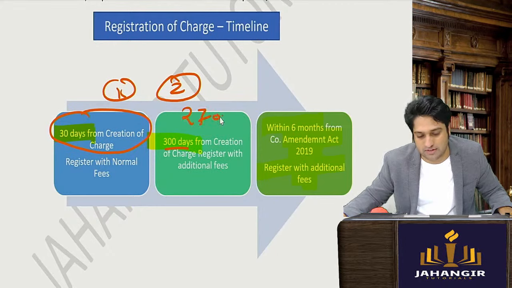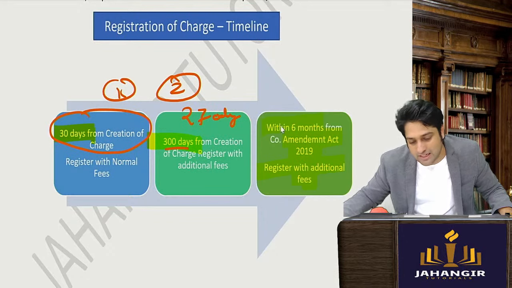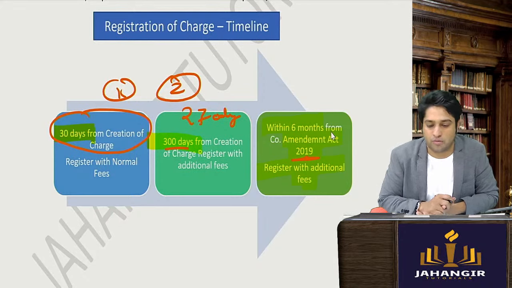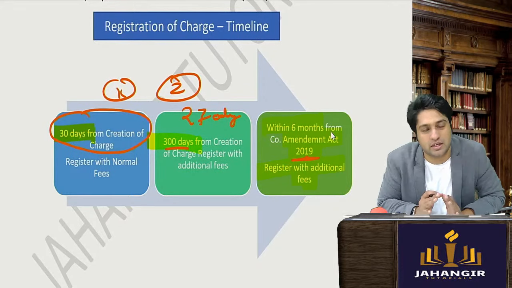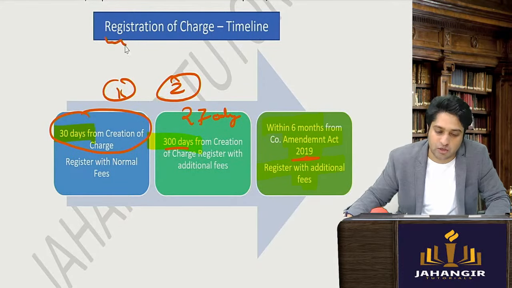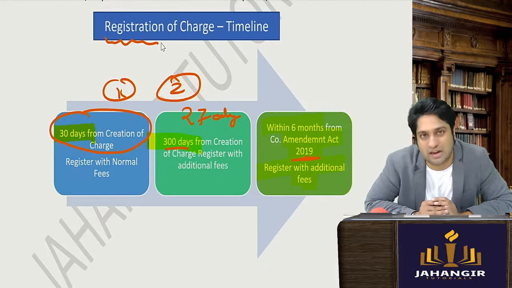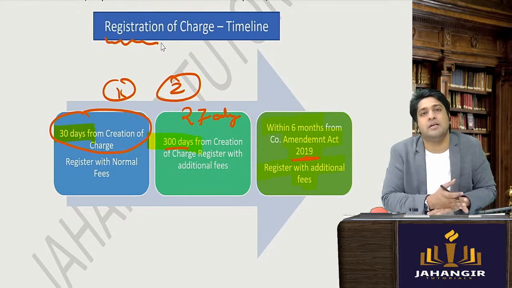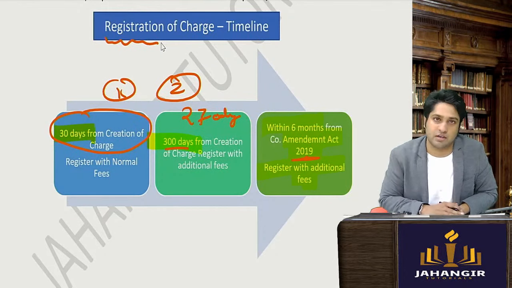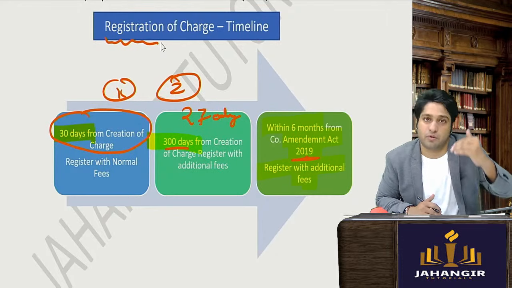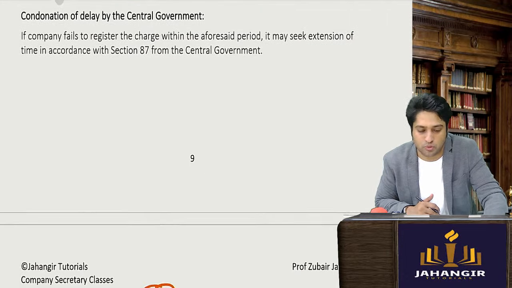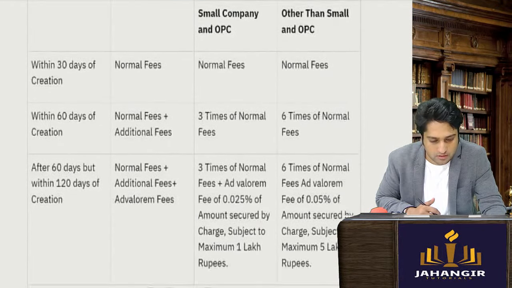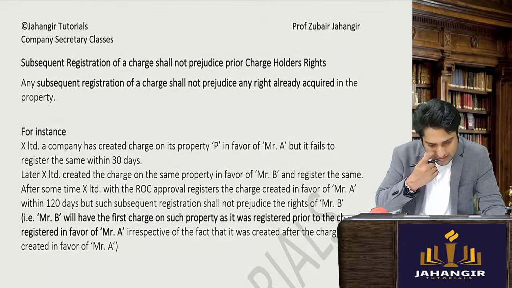Then the moment the Amendment Act came, it said within 6 months from the Amendment Act you are allowed to register it. After that, all of them will be rolled over into the new provision after 2019, that is a maximum of 120 days. Clear?